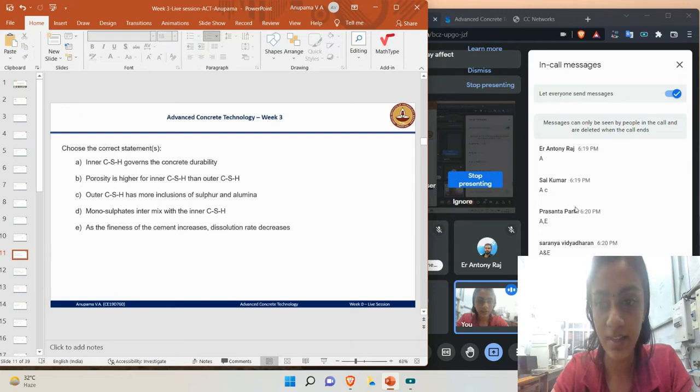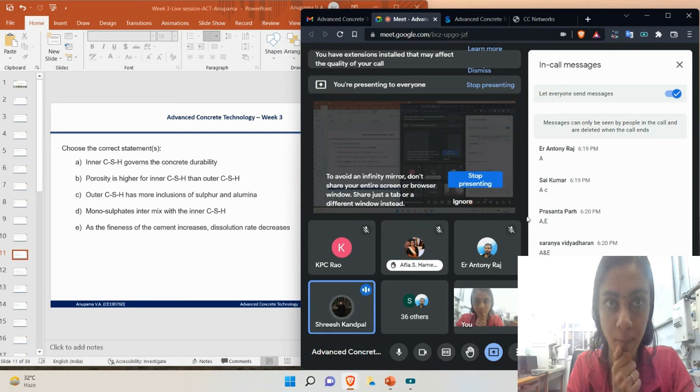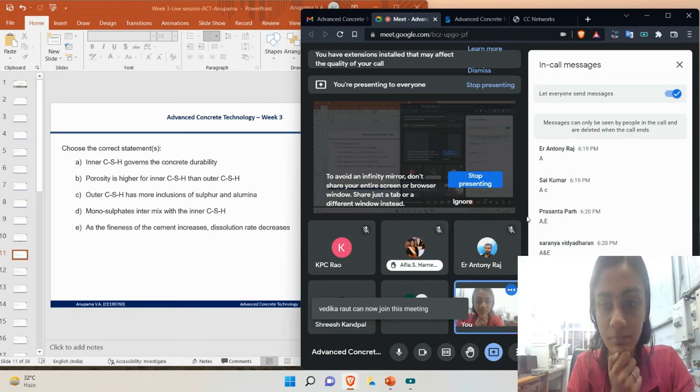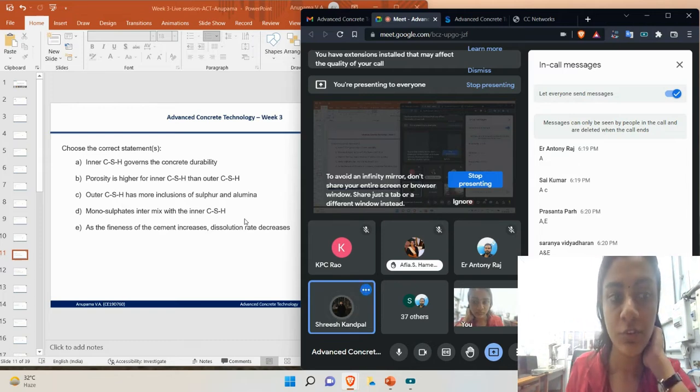Or anyone else, like Prashanta? A cannot be correct because outer CSH is more porous. So for durability, the outer CSH should be less porous. So inner CSH will not govern the durability, right? Okay, thank you, Shrish, for commenting. And for B, the outer CSH has more porosity. So you're clearly ruling out A and B.